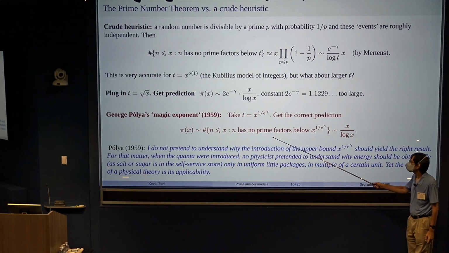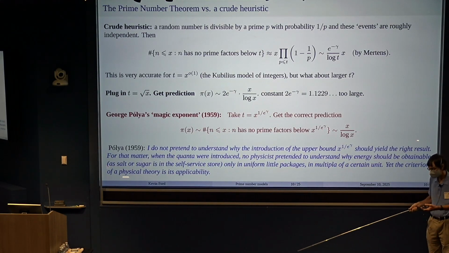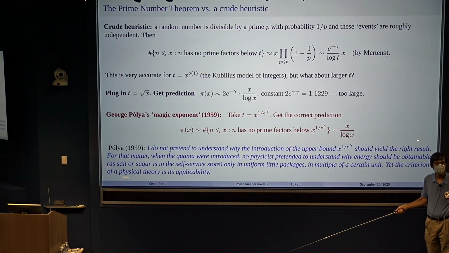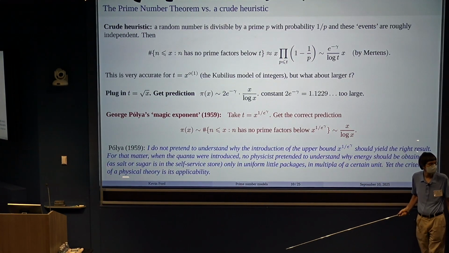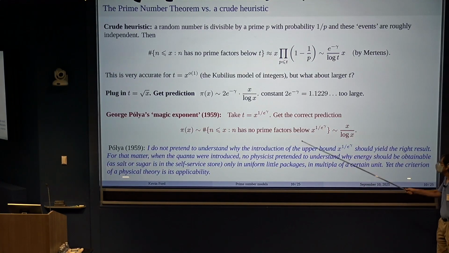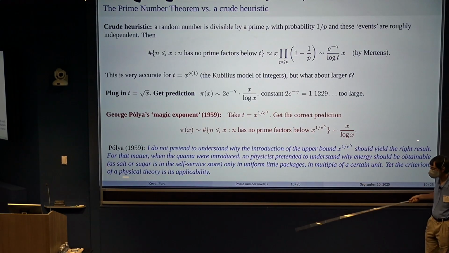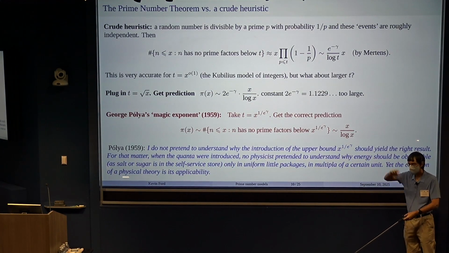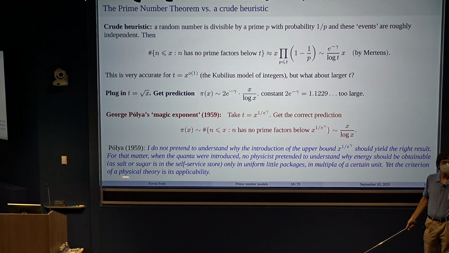Because, well, if we sieve the integers up to x by the primes up to x to the 1 over e to the gamma, we're still left with essentially all the primes, with very few exceptions. So the left side is very close to pi of x, the number of primes up to x. But now this naive heuristic gives the right answer. So what we've done is we've taken a heuristic which is clearly wrong, and we just, waving our arms, we fudge it to make it give the right answer.